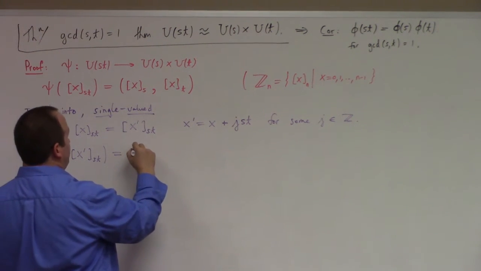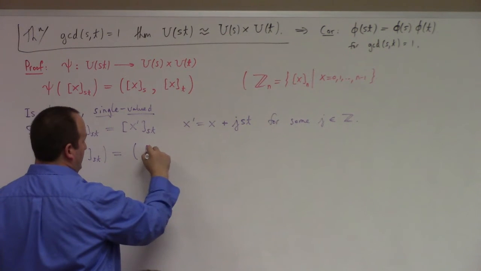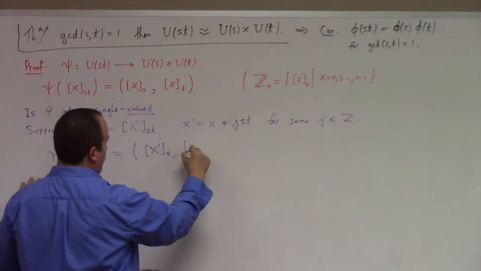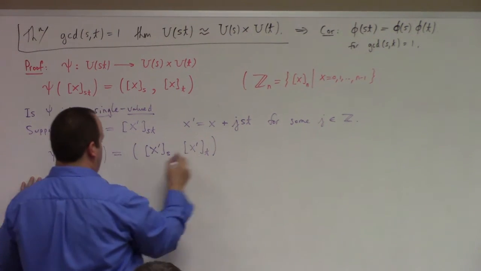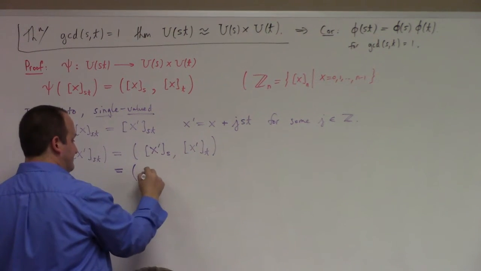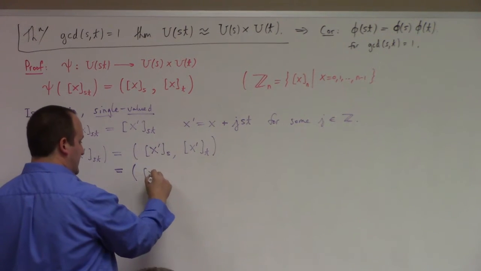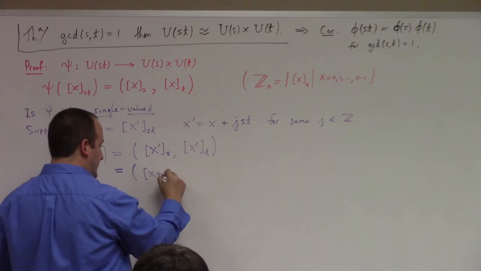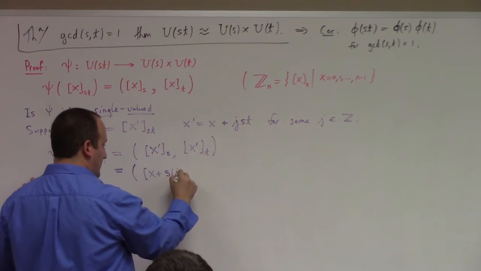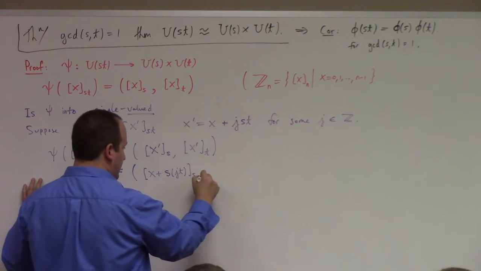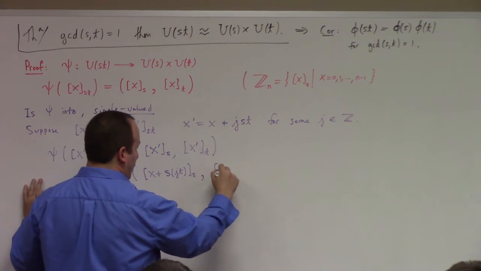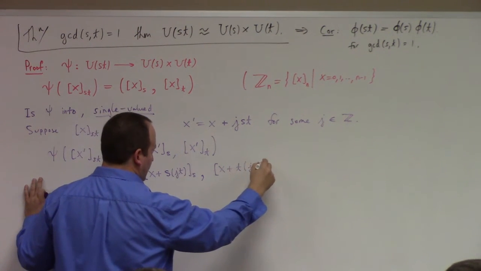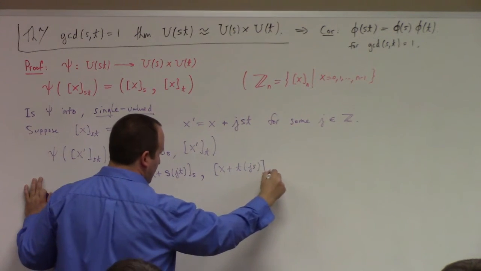Well, that's the tuple x prime mod s, x prime mod t. All right, but what is that? X prime is x plus, I'm going to emphasize, s times jt, mod s, and over here we have x plus t times js, emphasis on the js times t there, mod t.